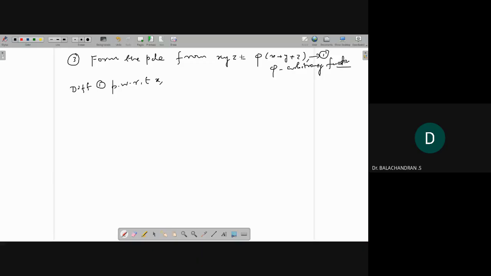You will get yz plus x times dou z by dou x, which is p, equal to phi dash of x plus y plus z into 1 plus 0 plus dou z by dou x, which is p.